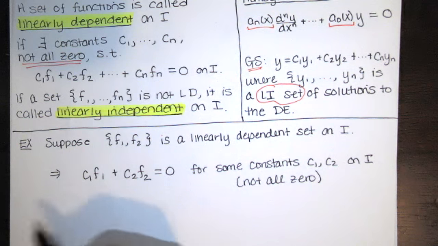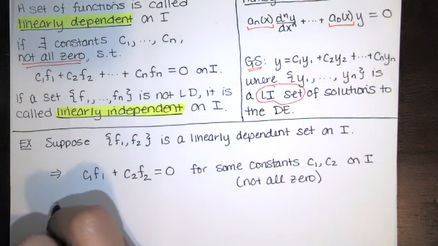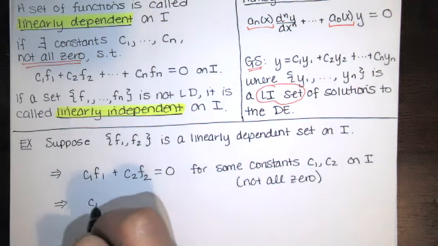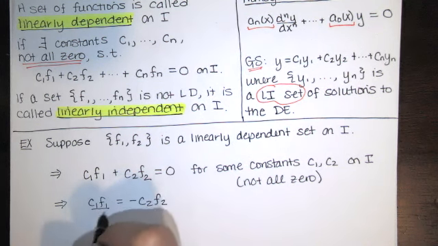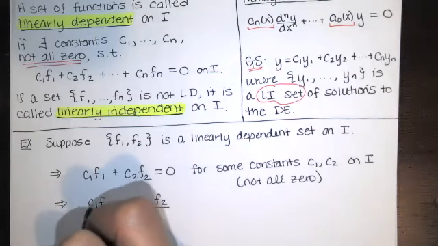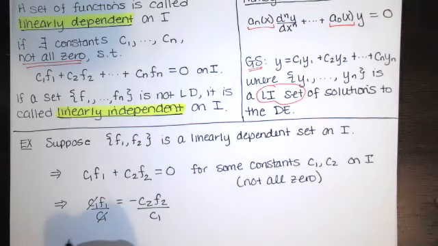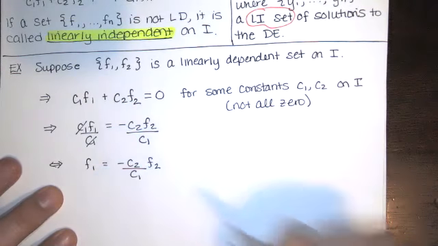Well, in that case, I can take this equation and solve for F sub 1. Let's subtract C2 times F2 from both sides and then divide both sides by C sub 1. And we get this. Or in other words, F1 is a constant times F sub 2.